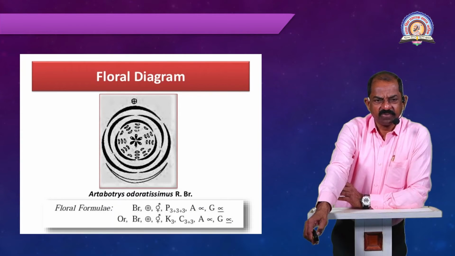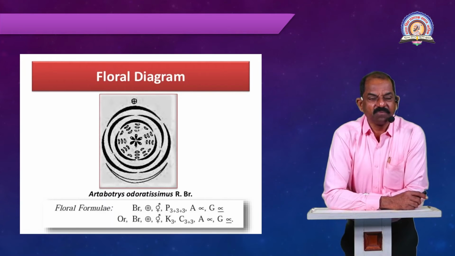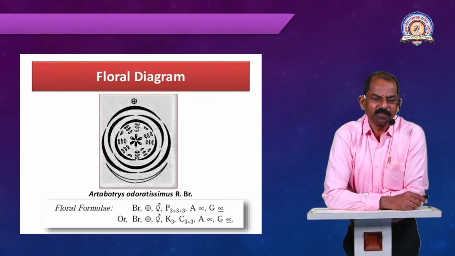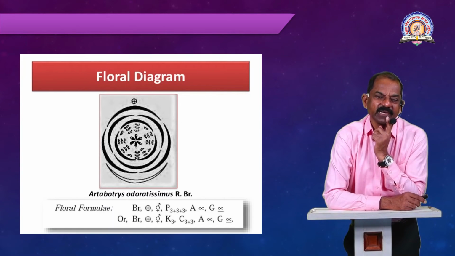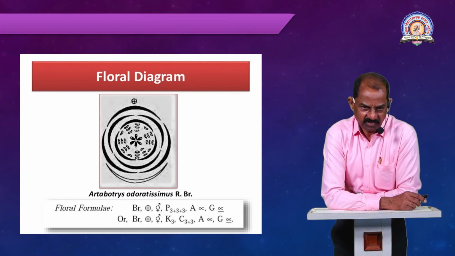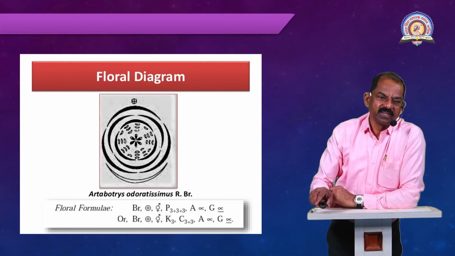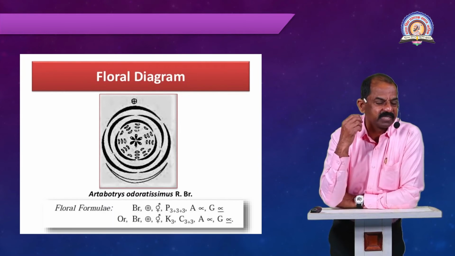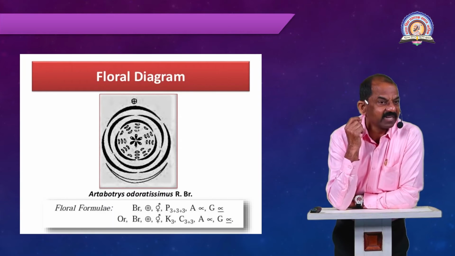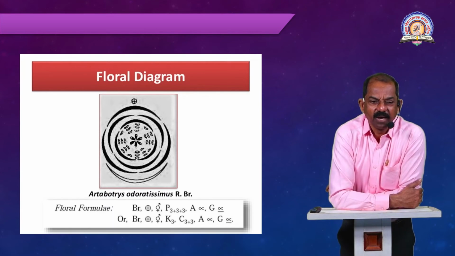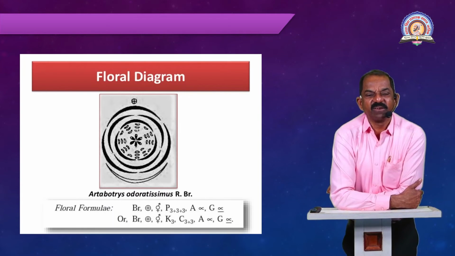Then next, friend, we will simply see the floral diagram and floral formula of this family. One example considered here is Artabotrys odoratissimus. In this plant the floral diagram shows that the stamens are numerous, the carpels are in apocarpous condition, and the flower is bracteate, actinomorphic, and bisexual.